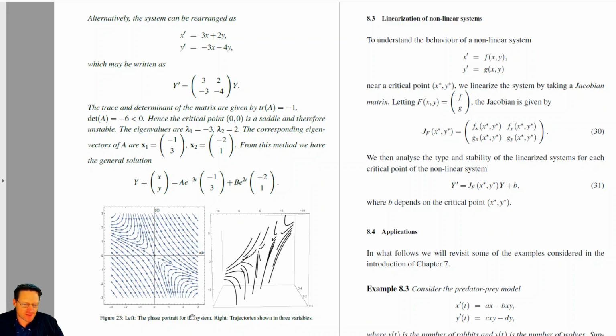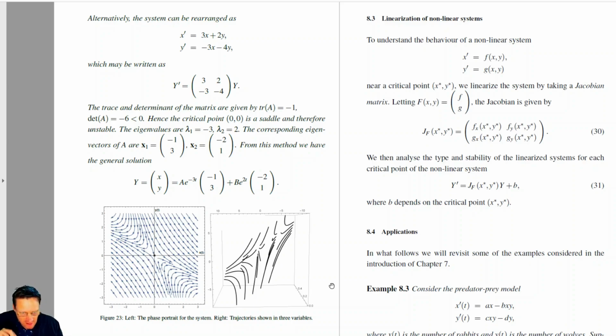Okay, now remember what this phase portrait is. It's a two-dimensional projection of the three-dimensional trajectories onto the xy plane. And that's what I'm trying to depict here in this second box on the right. So I've got some of those trajectories plotted in 3 dimensions, just in some little time range.